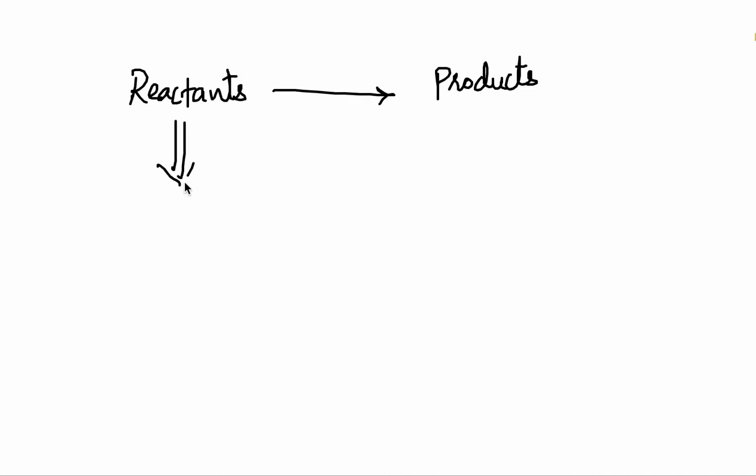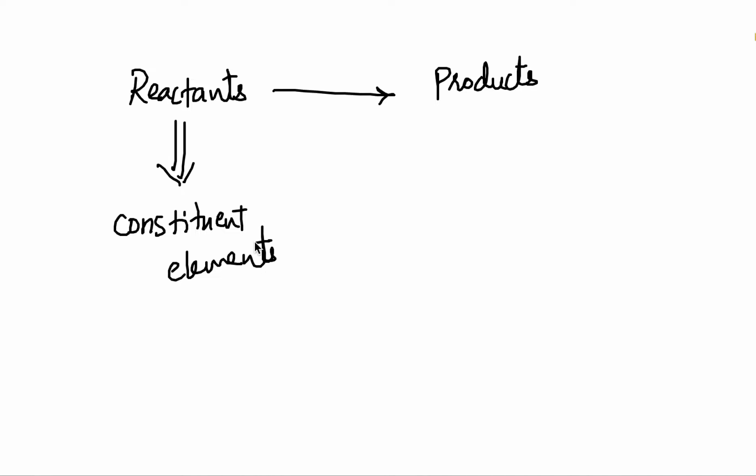So we have reactants here, and those are becoming products. Let's assume an imaginary case, reactants going to products in such a way that all the reactants will split into their constituent elements at standard conditions. Therefore, we are getting here the constituent elements.